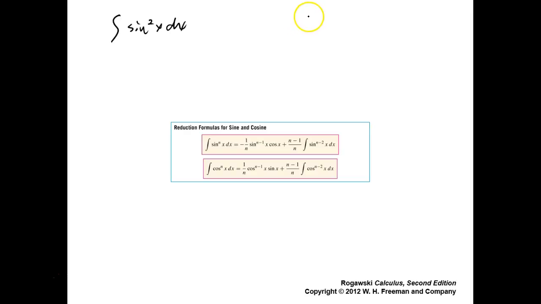We used it already several times, just not in the standard form. Sine squared x plus cosine squared x is always equal to 1.